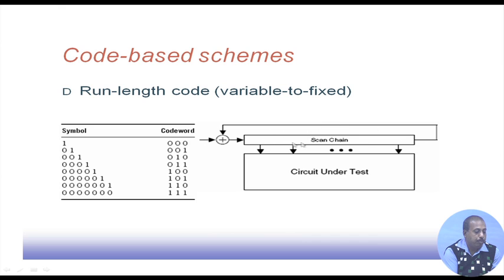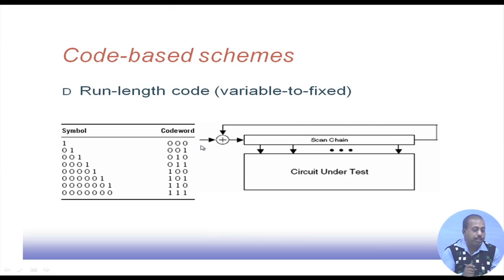Now, the bit that we are going to shift, if it is same as the previous pattern that is shifted out, then if this bit is 0, the same bit that is coming here will be coming at this point. So, it will be shifted here. If the next bit to be shifted is same as the last bit here, then I can shift in a 0. From the ATE actually this input is coming. So, if I have got more number of zeros here, then the coding will be more efficient.